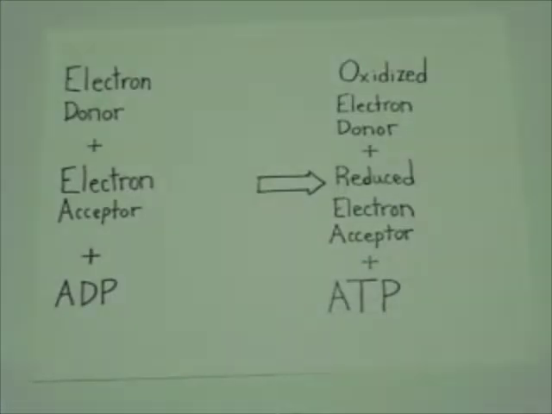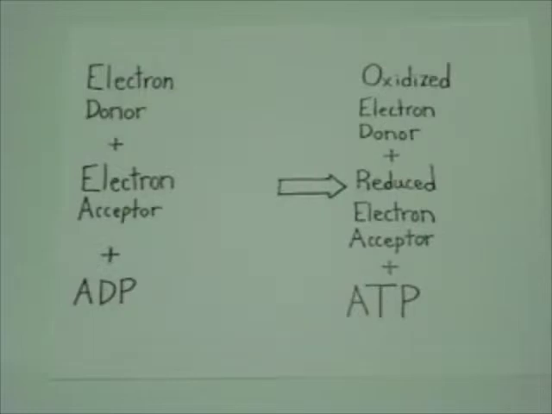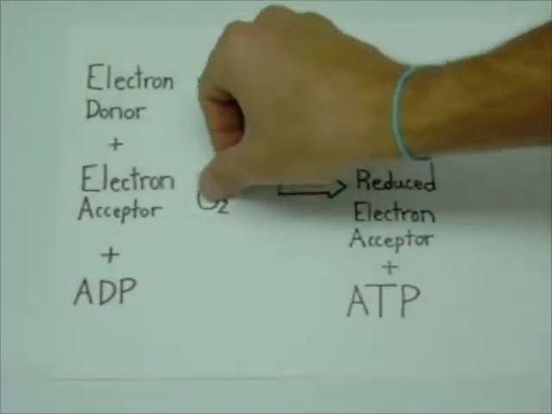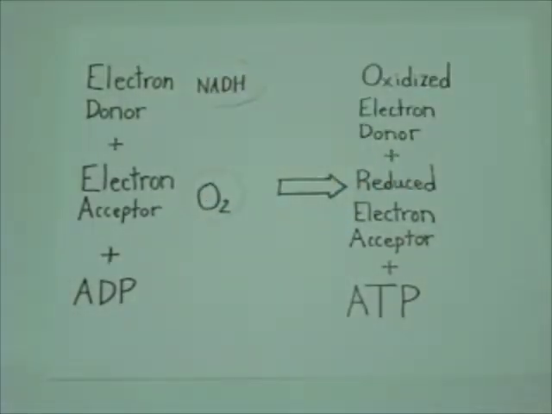The products of the process are ATP, an oxidized electron donor and a reduced electron acceptor. Commonly, NADH is an electron donor, whereas oxygen is an electron acceptor. As we learned before, NAD+ is the oxidized form of NADH, and H2O is the reduced form of oxygen.